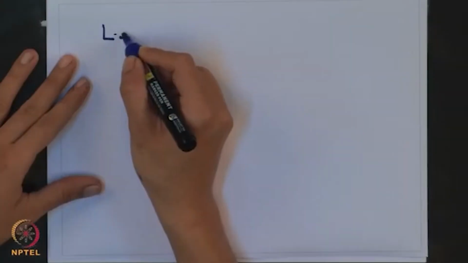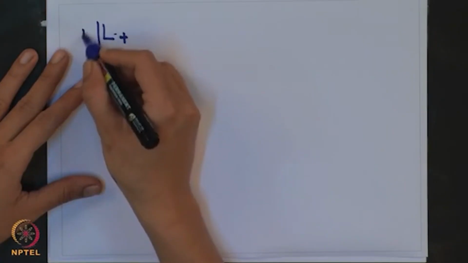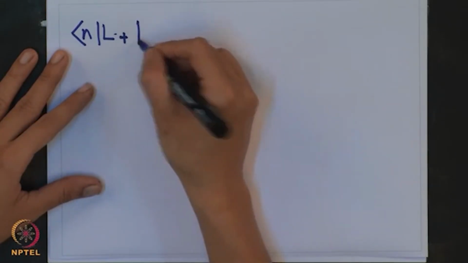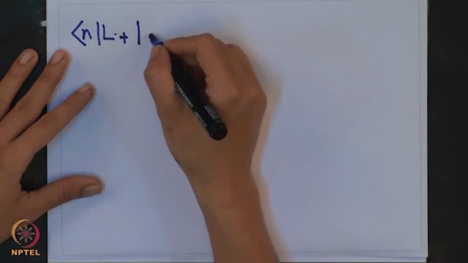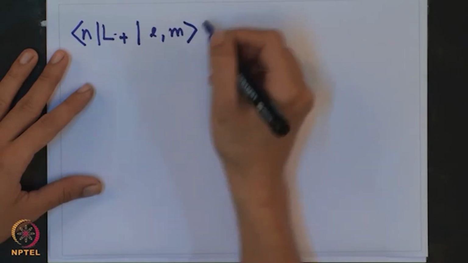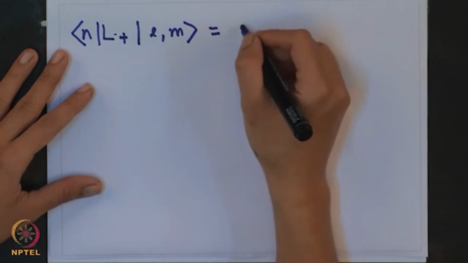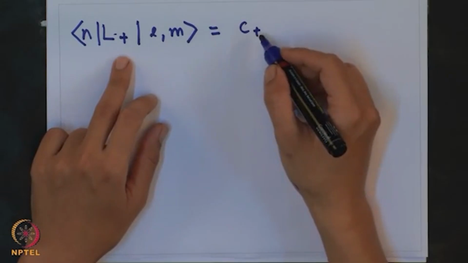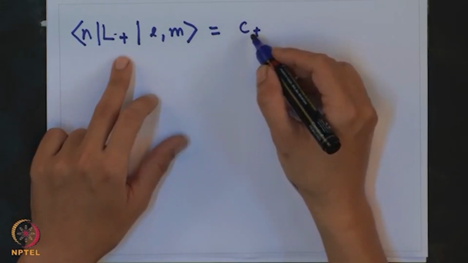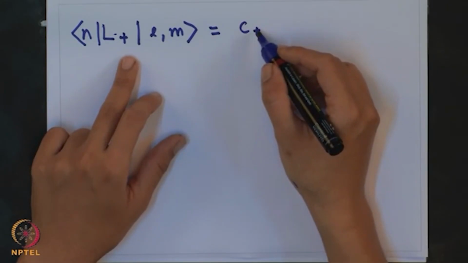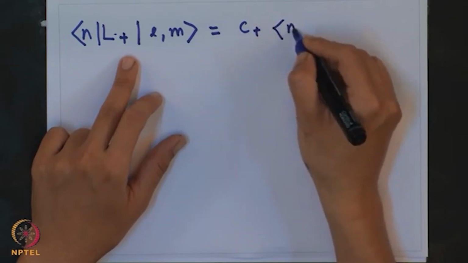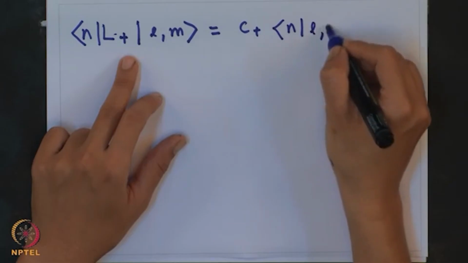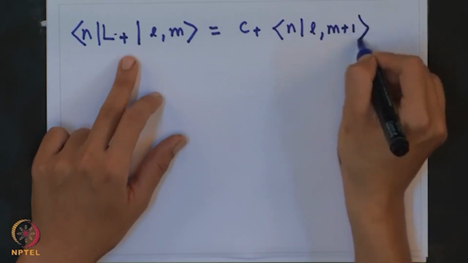L plus on L m would give us C plus, a Clebsch-Gordan type coefficient for L plus, which I call C plus, times N L m plus 1.